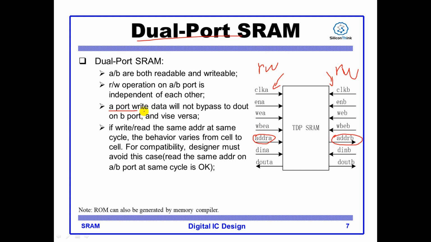And the write data on A port will not bypass to the D out of B port. The write data of A port will only bypass to the D out of A port, but not the D out of B port. And this is the same for B port. Write data on B will bypass to here, but not here.